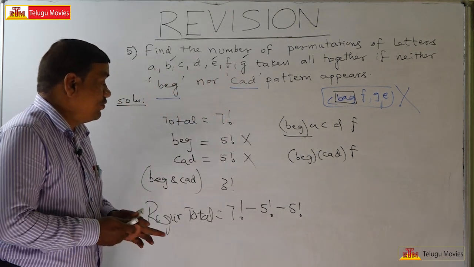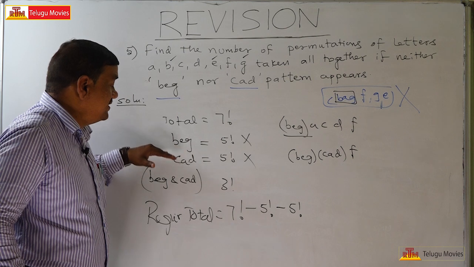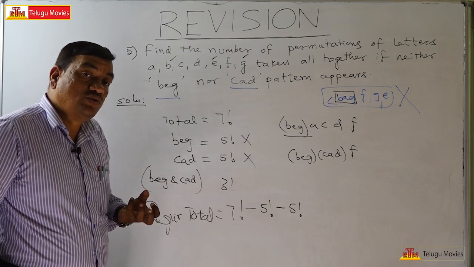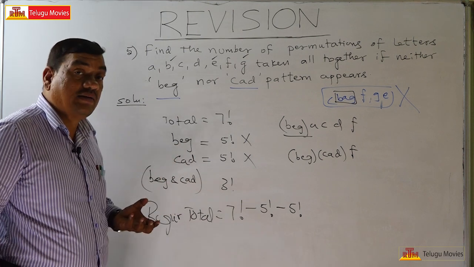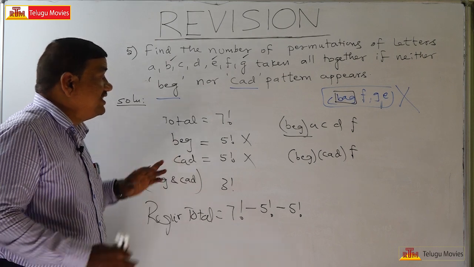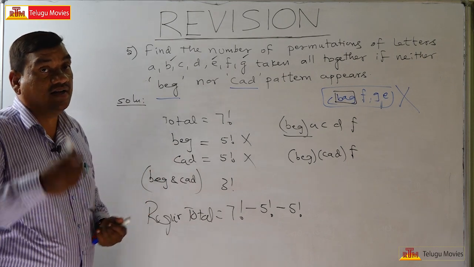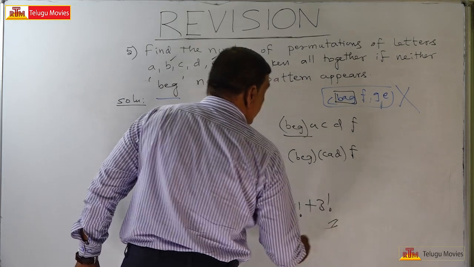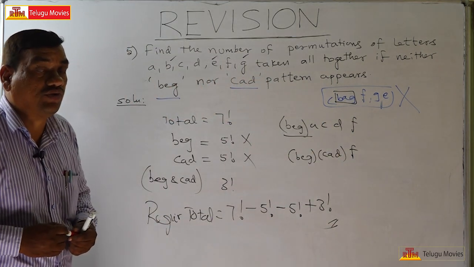That means you are subtracting the arrangements with BEG and those with CAD, and the arrangements with both are subtracted in each. That's why you have to add plus 3 factorial. This is very, very important. Plus 3 factorial you have to add.